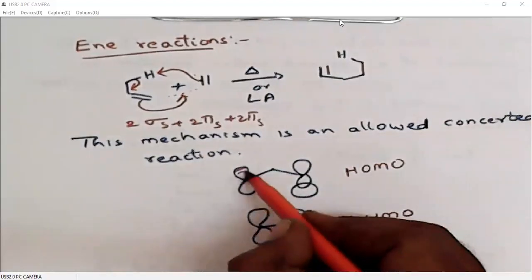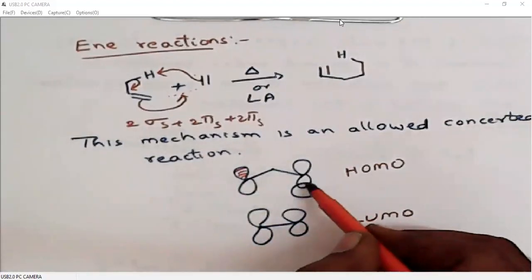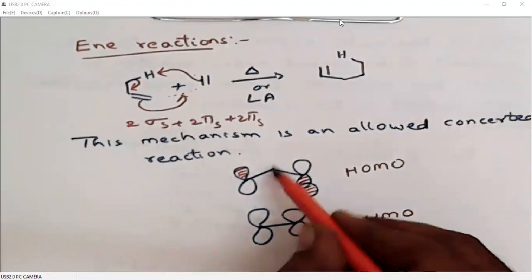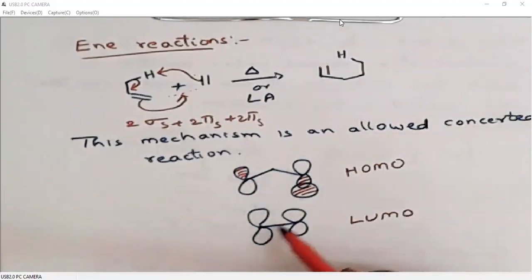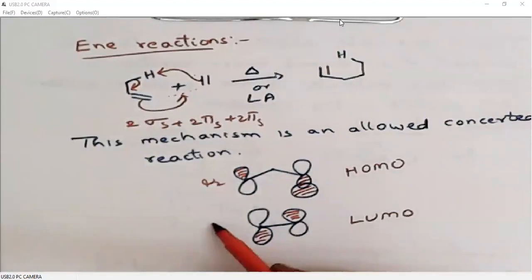When we say it is the HOMO of the allyl system, it is Psi2, which will have a node between them. So if it is a positive lobe, it should be a positive lobe. Then it is the LUMO, which is again a Psi2. For bonding interaction, we will make it a positive lobe, and we will make this also a positive lobe. So this is a Psi2 in case of the allyl system. This is a Psi2 in case of the alkene.